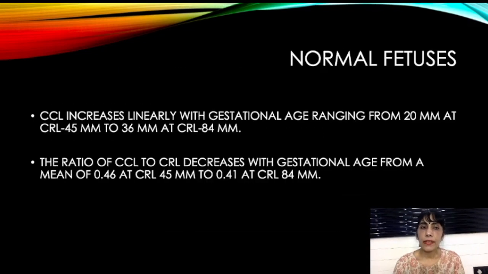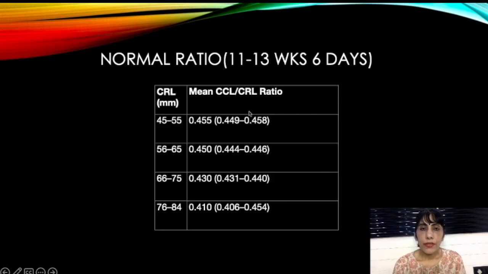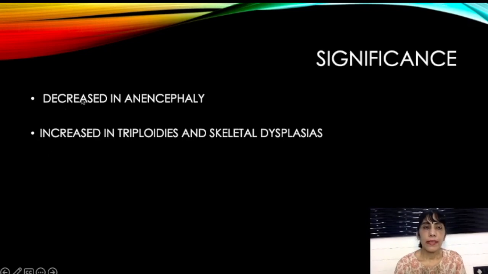The ratio in the normal situation decreases with gestational age from a mean of 0.46 at CRL 45 millimeter to 0.41 at CRL 84. If the ratio is less than what you expect at that gestational age, it may be indicative of anencephaly, and if it is increased, you may think of triploidies and skeletal dysplasias.